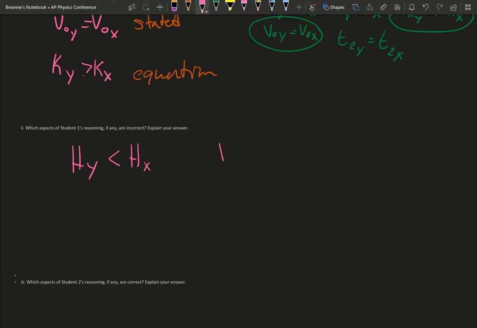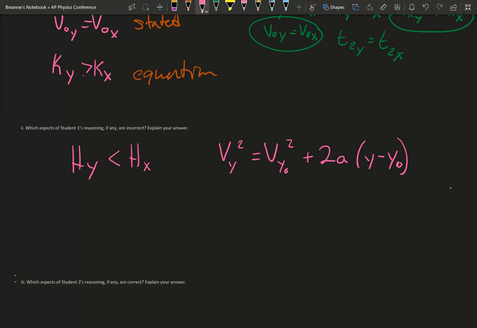So the equation I would use is vy squared equals vy naught squared plus 2a times (y minus y naught).